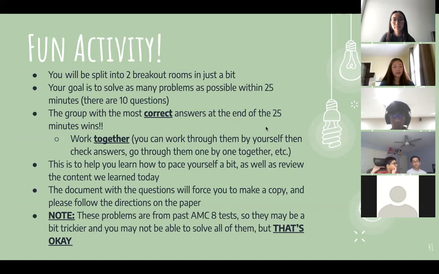Oh, and after the 25 minutes, you will stop the breakout rooms, and one person from both groups can put all your answers in the chat to one of the teachers. So here is the link for the document. And it's going to make you make a copy, I think.